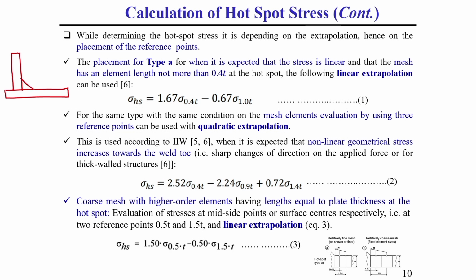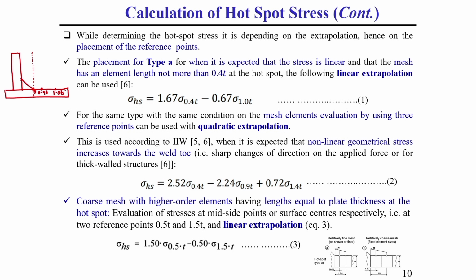Let us consider this is the toe, which is at the surface, this is the toe point. At this location we need to find out the stress. For that, according to the IIW standard, let this be the distance at 0.4t from the toe, let the toe be the origin O, 0 distance, and at a point of 1.0t.